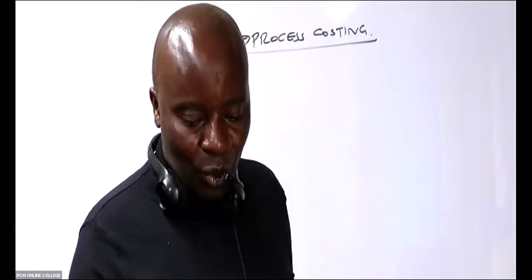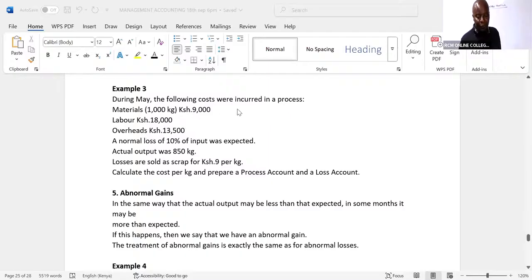So, ladies and gentlemen, this is what we are told here. And I would want to basically start with a question that I did yesterday for purposes of a recap. So this is example 3. We are told during May, the following costs were incurred in a process.